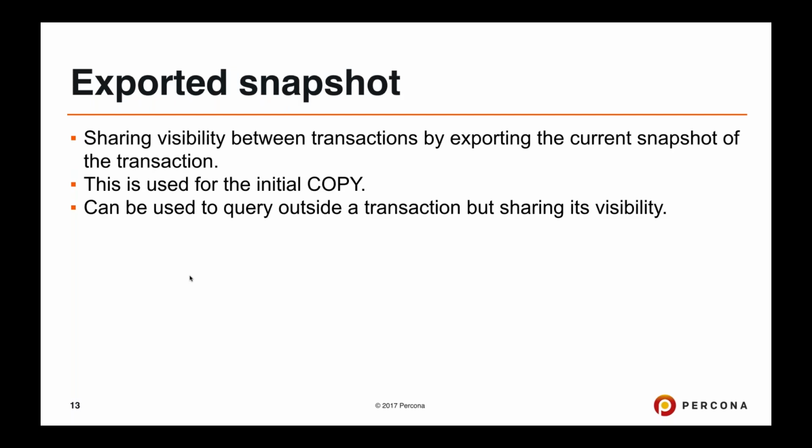The exported snapshot is another feature that is used when doing the initial copy of the data. This feature allows you to start a transaction, export its snapshot, and in the meantime that this transaction is running, you can import the snapshot from another transaction and have the same visibility as the original transaction.